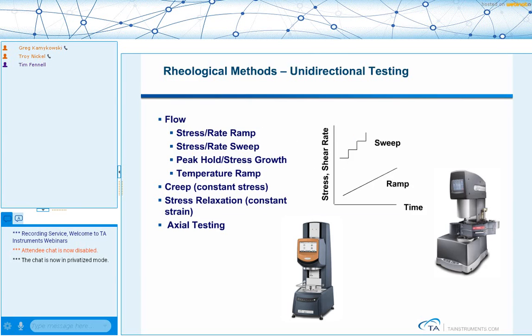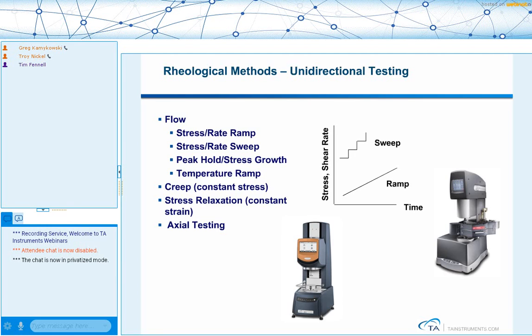Well, let's look at the different methods that are used to characterize things in a rheological way. So let's start with unidirectional testing. We'll begin with flow testing, where we could do a stress or a rate ramp, and do a stress or rate sweep. We can do a test where we get viscosity versus time.